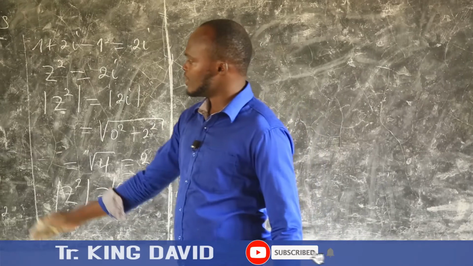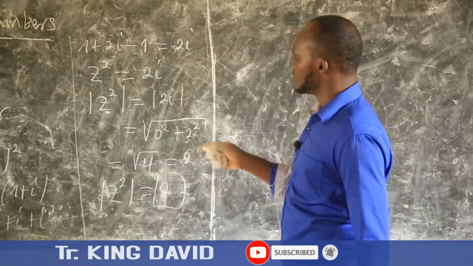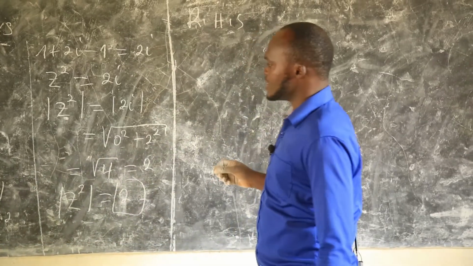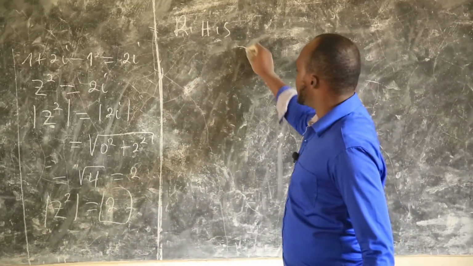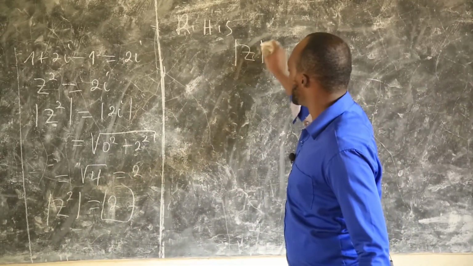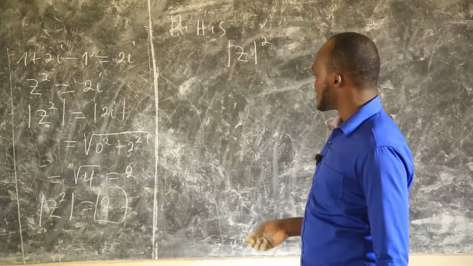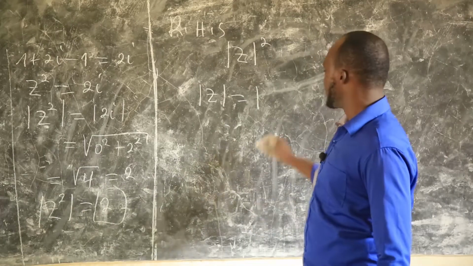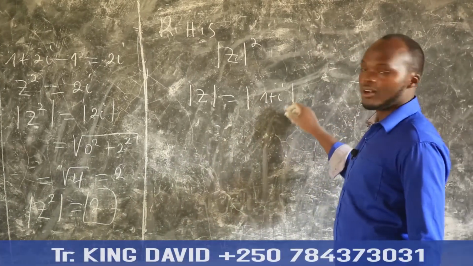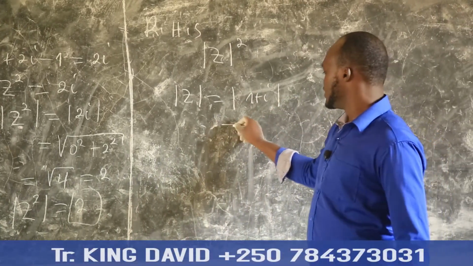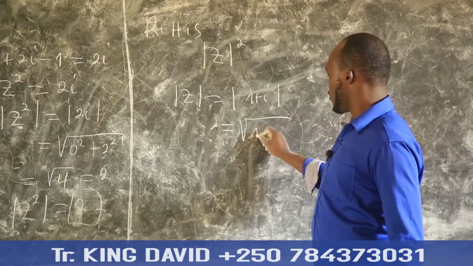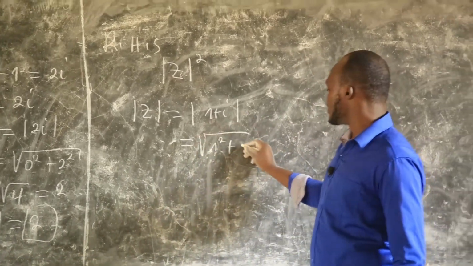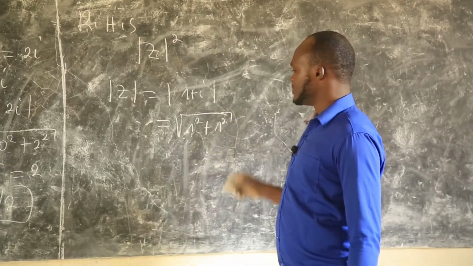So we're going to do the right-hand side. The right-hand side is saying it is the modulus of Z, then squared. Because our Z is 1 plus i, we're going to find the modulus of 1 plus i, which is root of 1 squared plus the coefficient of i, which is 1, squared again.